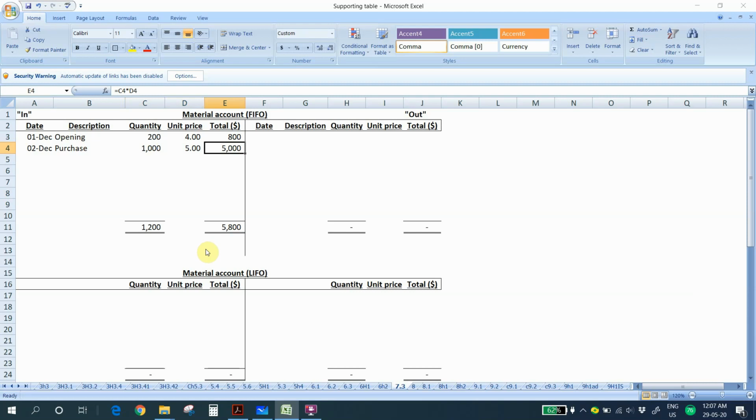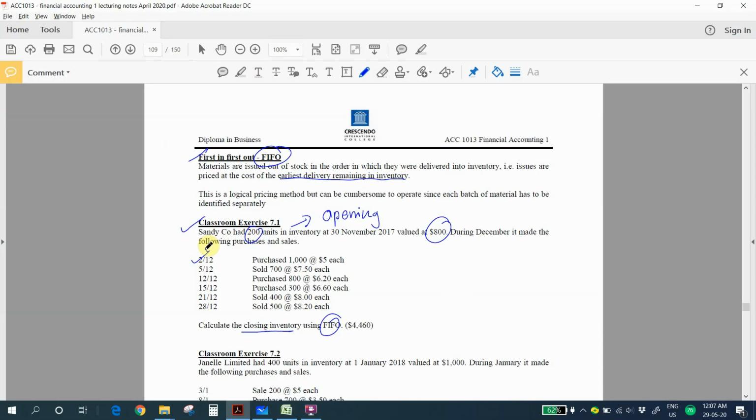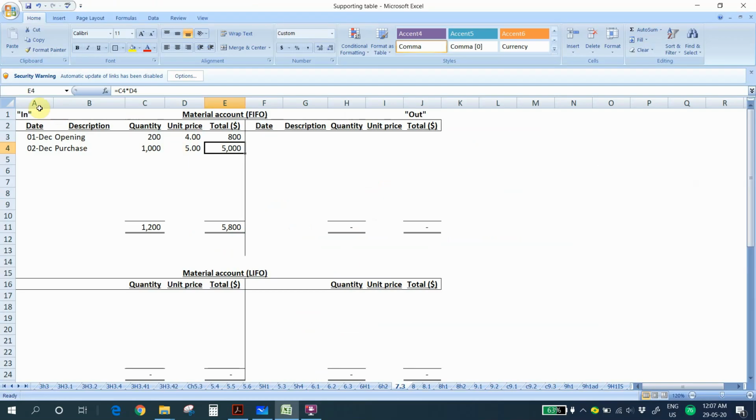Next, the transaction on 5th. What happened? I sold 700 units of the product at $7.50 each. So when we sold the product to our customer, is this in of inventory or out of inventory?